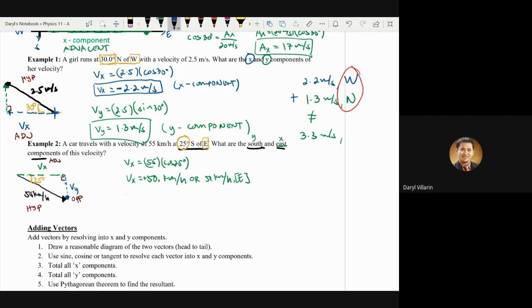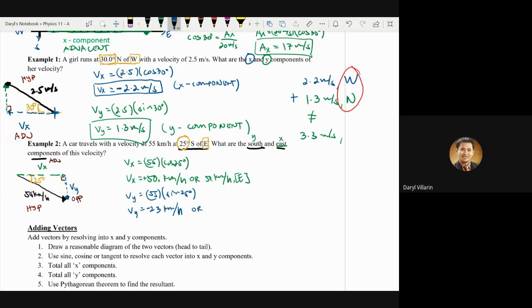And then for Vy, it's just 55 multiplied by sine of 25 degrees. So Vy is equal to 23 kilometers per hour. In this case, it's downward, so it's negative.